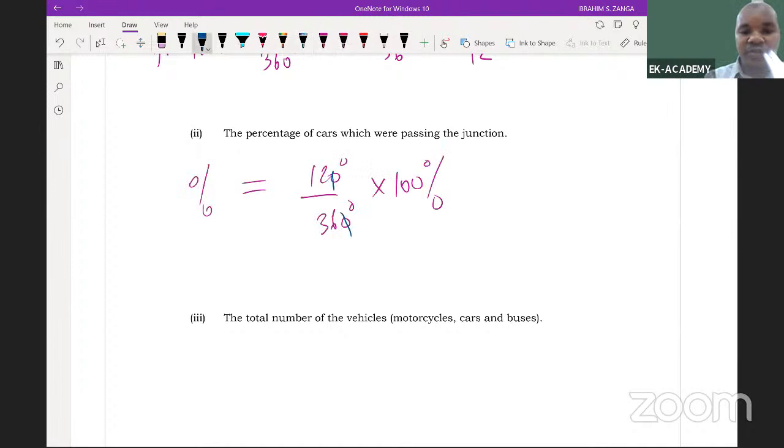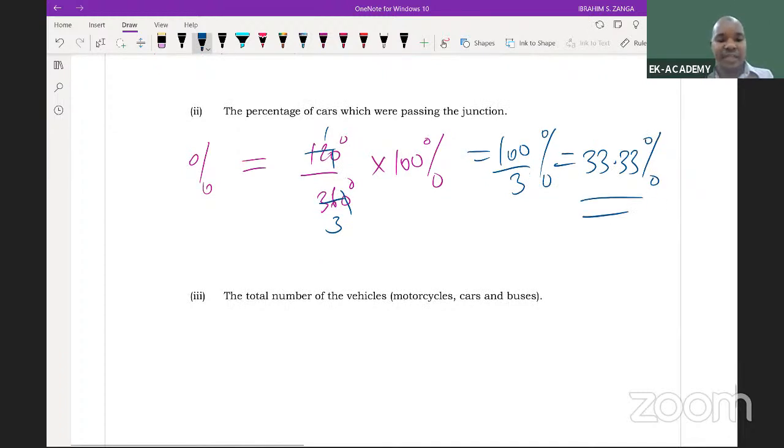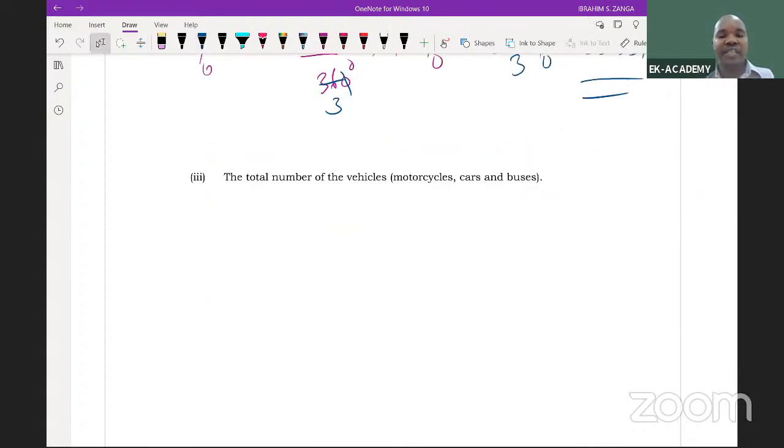By 12 here is 1, by 12 here is 3. So you have 100 divided by 3%, which is 33.33%. The last part is the total number of vehicles: motorcycles, cars, and buses.